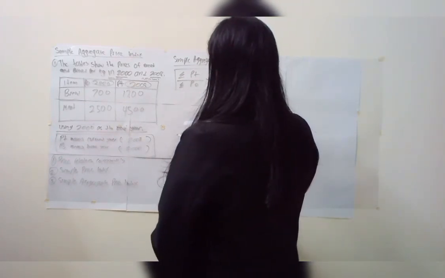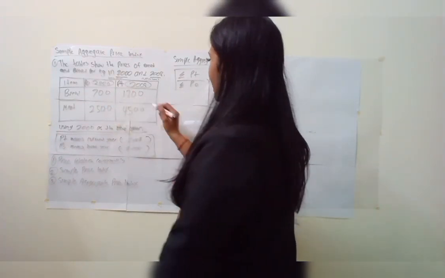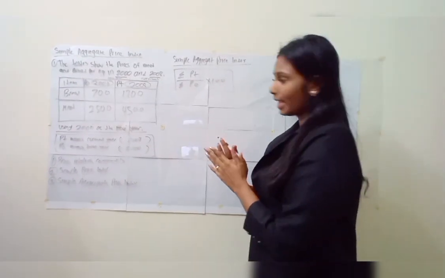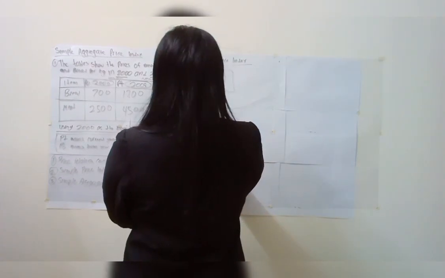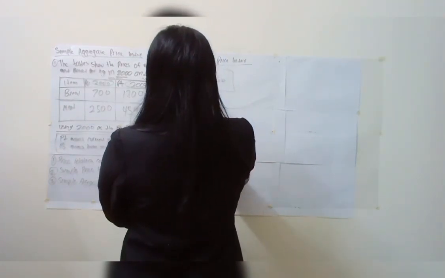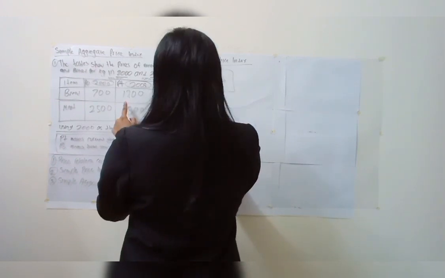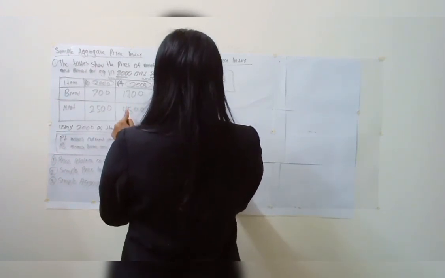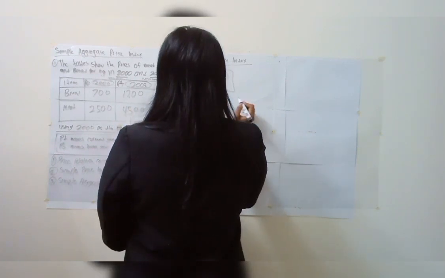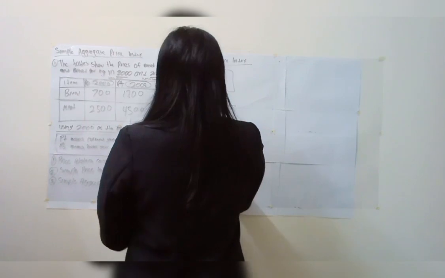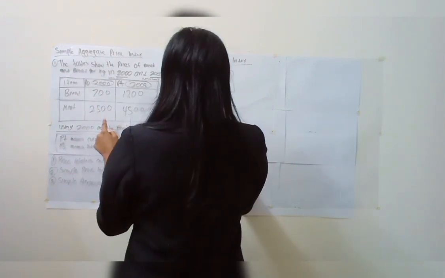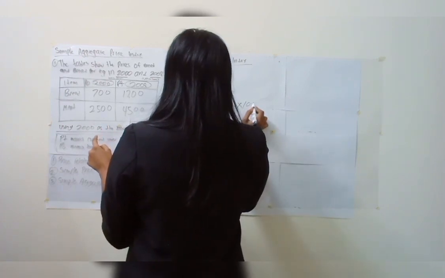Okay, where is the PT? PT is here. For this formula, we need to plus. For example, 1200 plus 4500 divide 700 plus 2500 times 100.